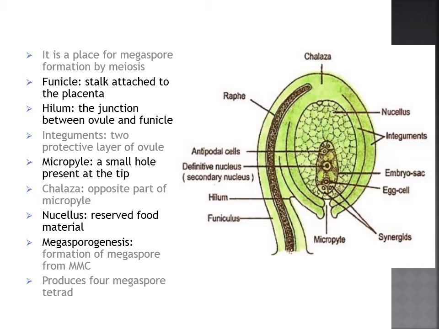Now, what is the meaning of megasporogenesis? It is the process of formation of megaspore from megaspore mother cell. They perform meiosis and produce 4 megaspore tetrad and they are haploid in nature.